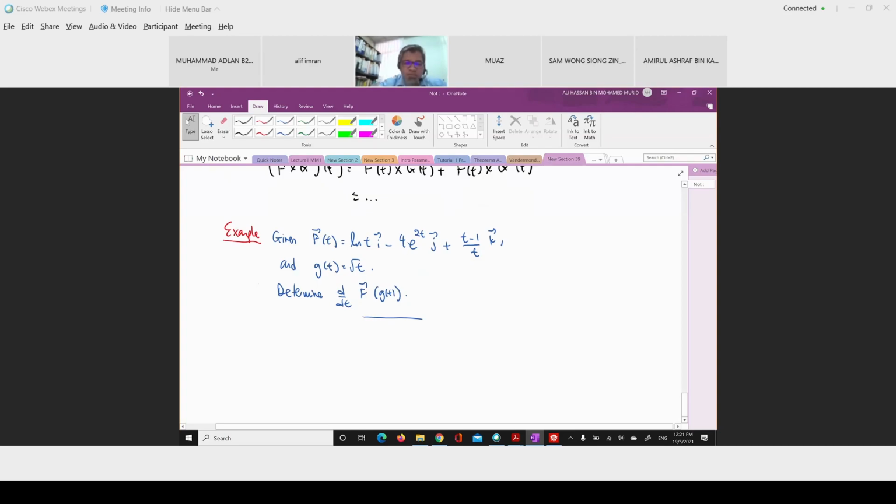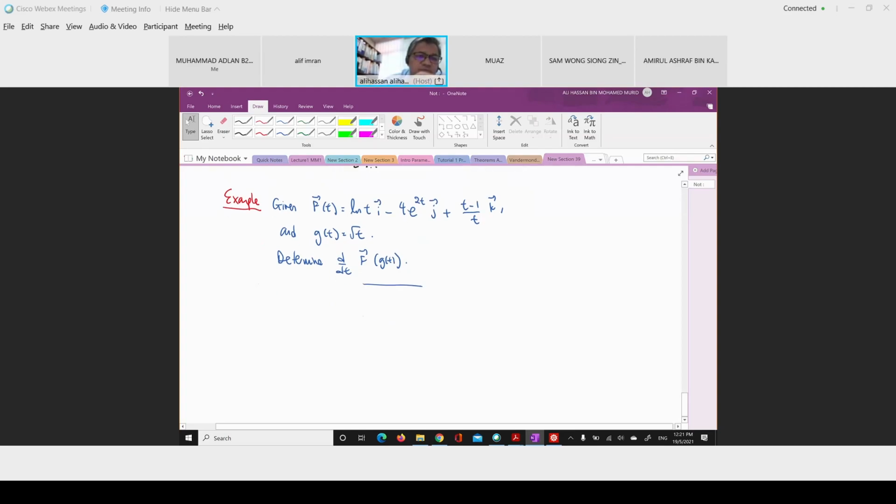Well, one way is to first determine f of g of t and then differentiate. So one method is to first evaluate g of t, where g of t is square root t.